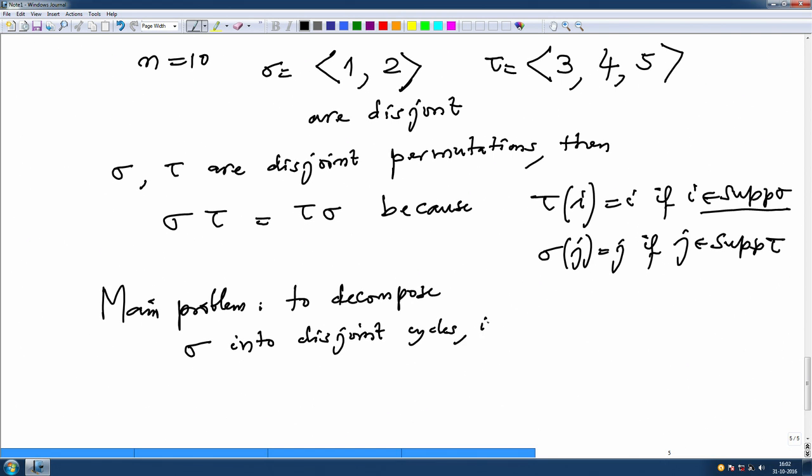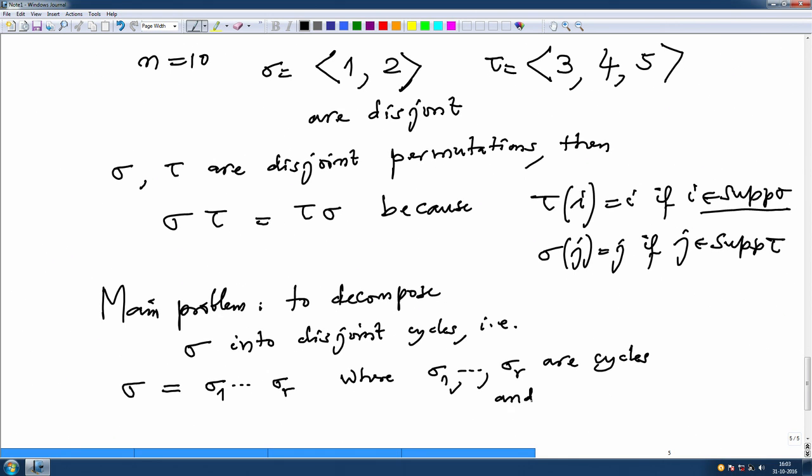That is, in the notation, I want to write sigma as sigma_1 through sigma_r, the product, where sigma_1 to sigma_r are cycles and are disjoint cycles. They are pairwise disjoint.